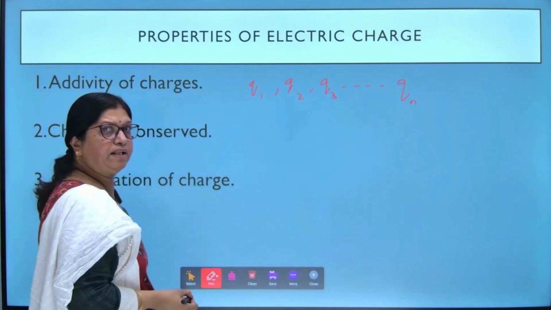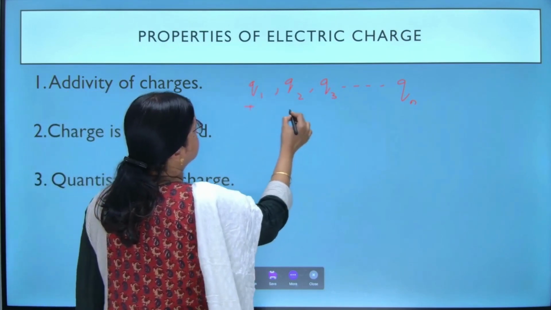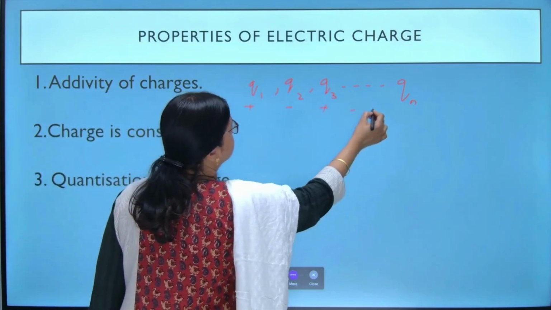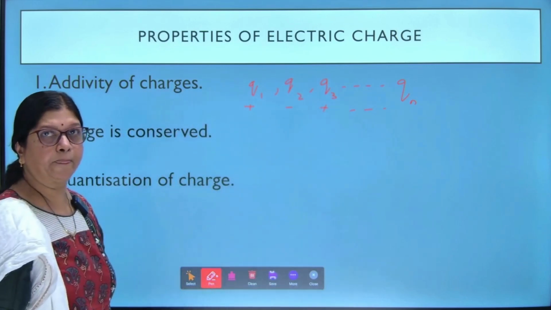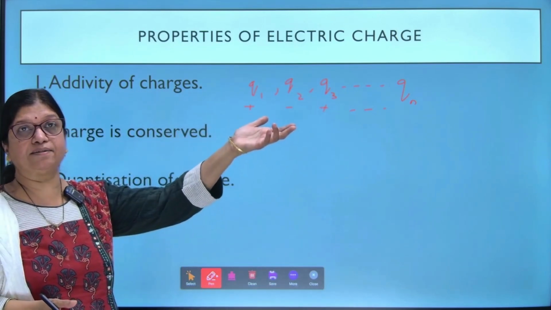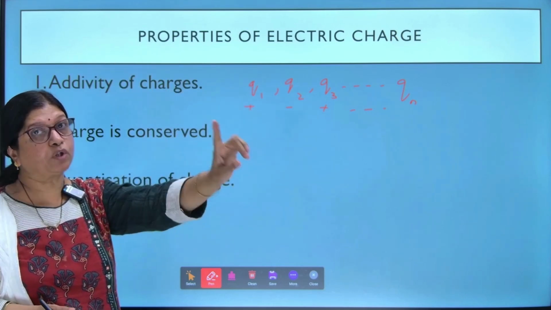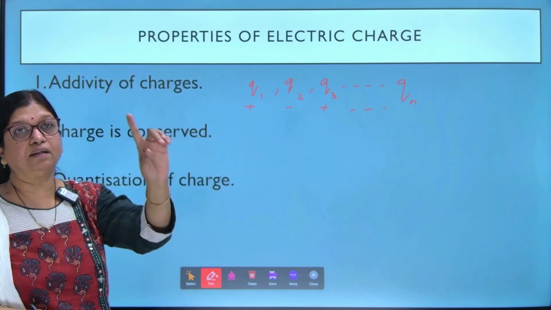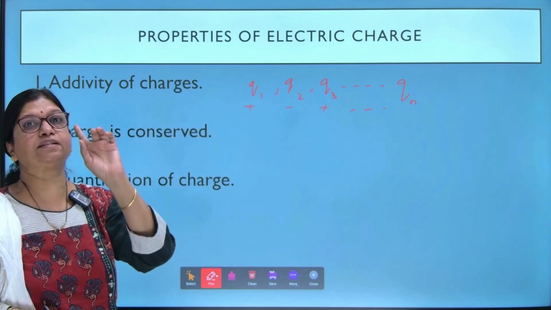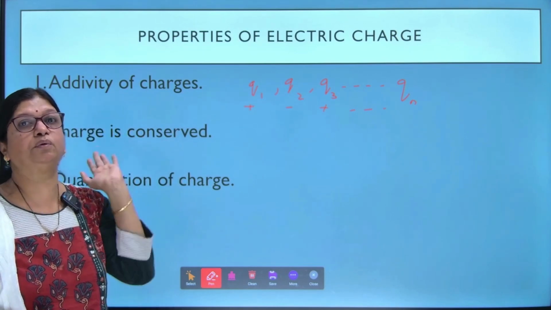These charges which are deposited on a surface may be positive, negative, positive, and so on. If I want to add these charges, I simply have to add them, but I have to consider the negativity or positivity, the polarity of the charge also.